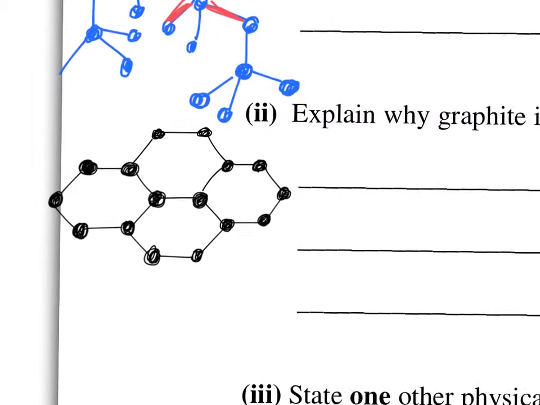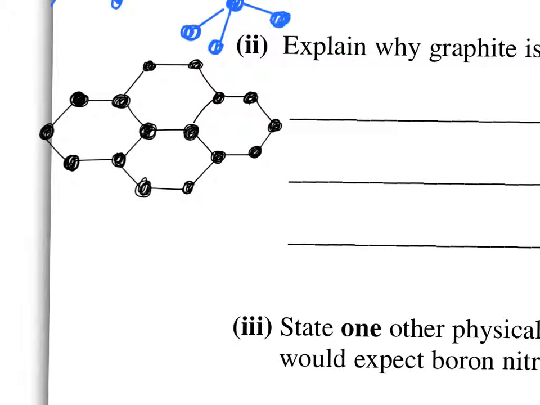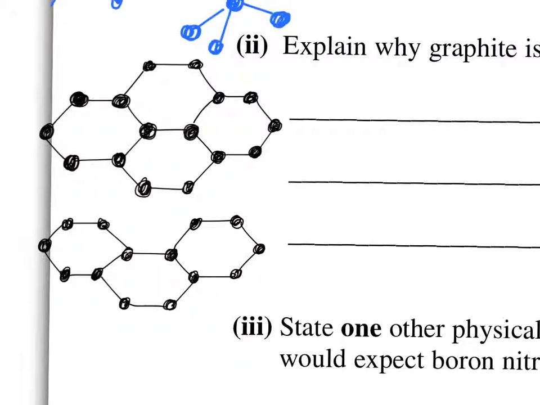So if that is one layer, then there will be another layer underneath formed again of the carbon atoms in hexagonal rings. So these layers form, and there will be another layer underneath and underneath that. And these layers are held together by weak attractive forces.